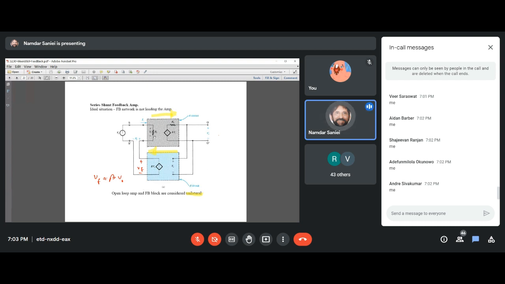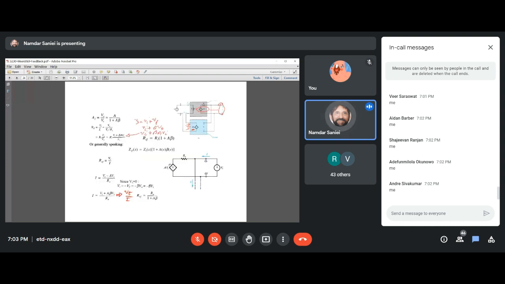All we had to do was to find the gain of the amplifier, which includes the RS and RL, and then apply the knowledge we gained here: AF equal A over 1 plus A beta, RIF, which means the input resistance with feedback, Ri times 1 plus A beta, and ROF, RO over 1 plus A beta.